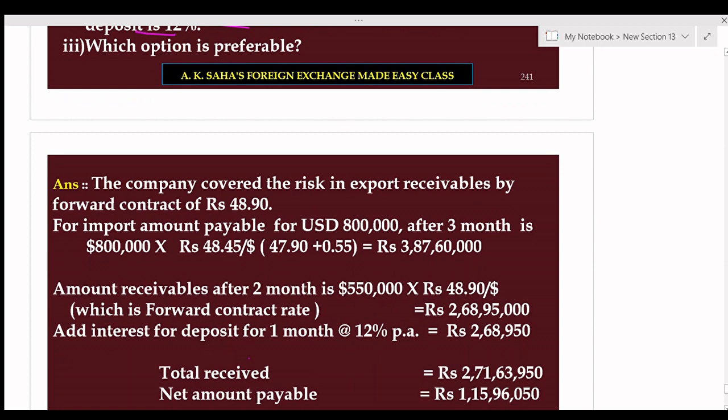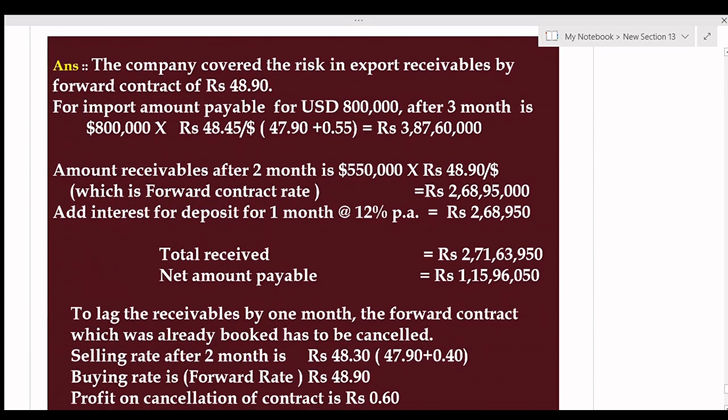The company covered the risks in the export receivable by a forward contract, given at rupees 48.90 per USD. For the import payment of USD 8 lakh after 3 months: 8 lakh multiplied by 48.45, that is the forward rate, spot rate plus forward premium, is equal to 3 crore 87 lakh 60,000.